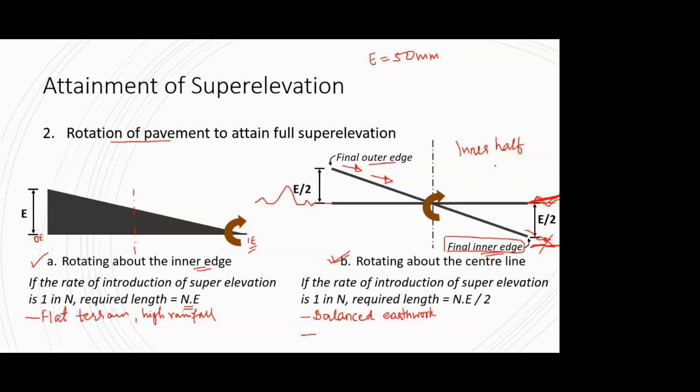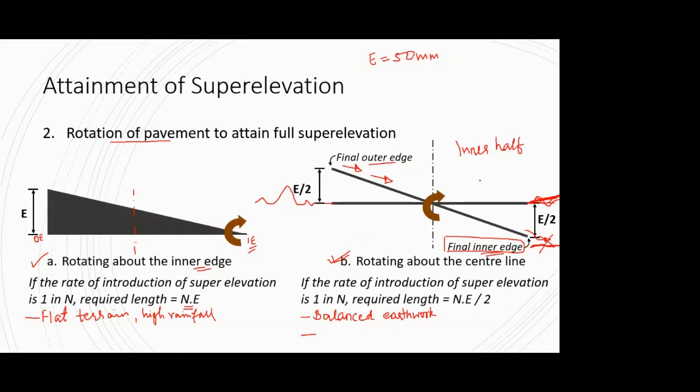You will find this kind of situation a lot of times when you travel on highways in India, especially during heavy monsoon. Sometimes you might notice that there is a curve, and suppose it's a 3-lane highway. I'm taking the example of the Pune bypass.